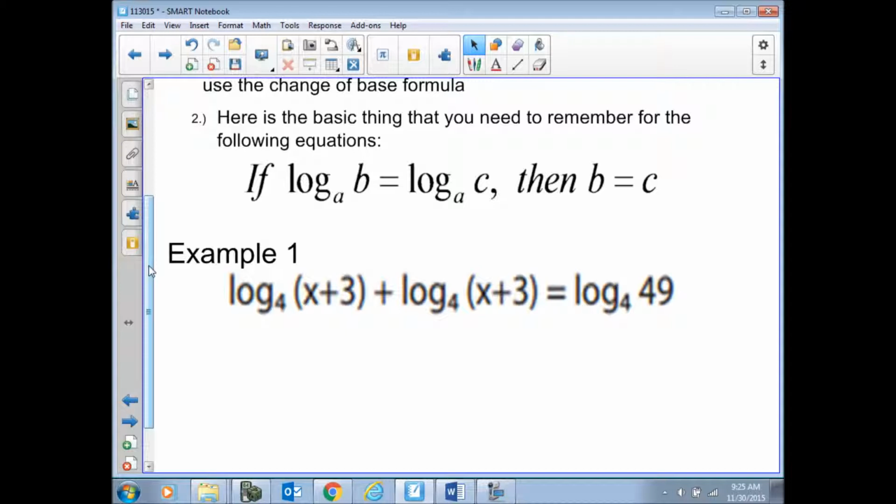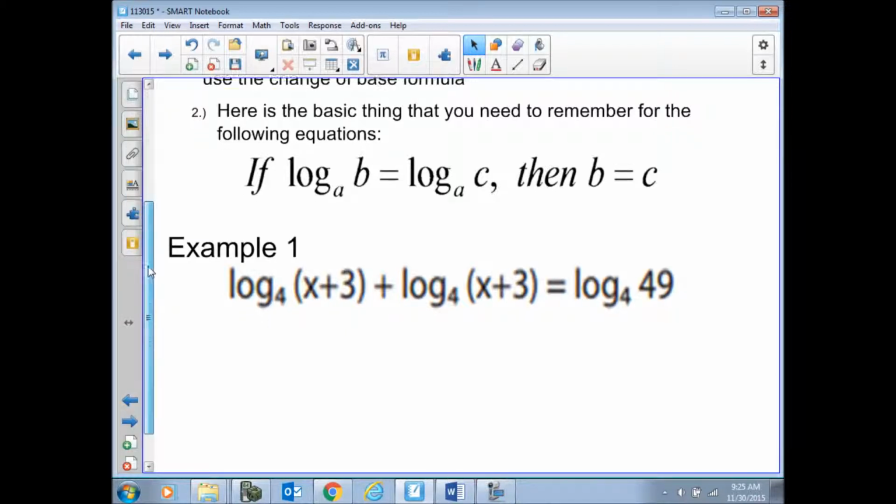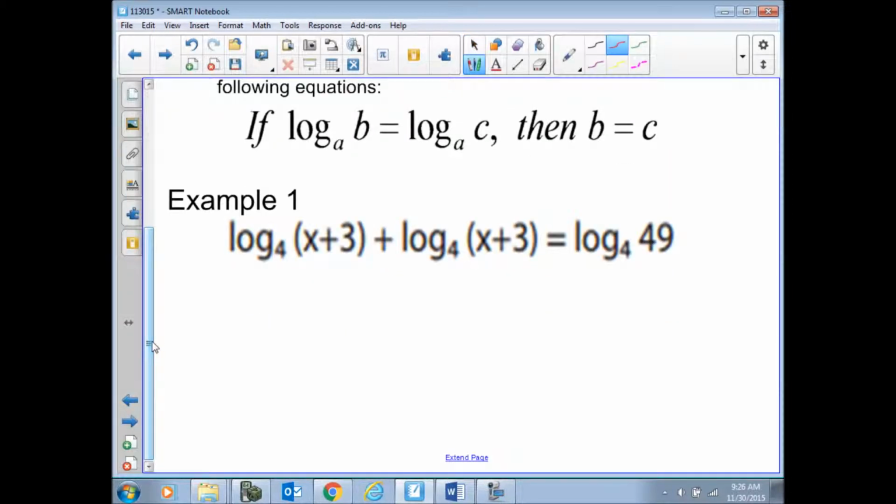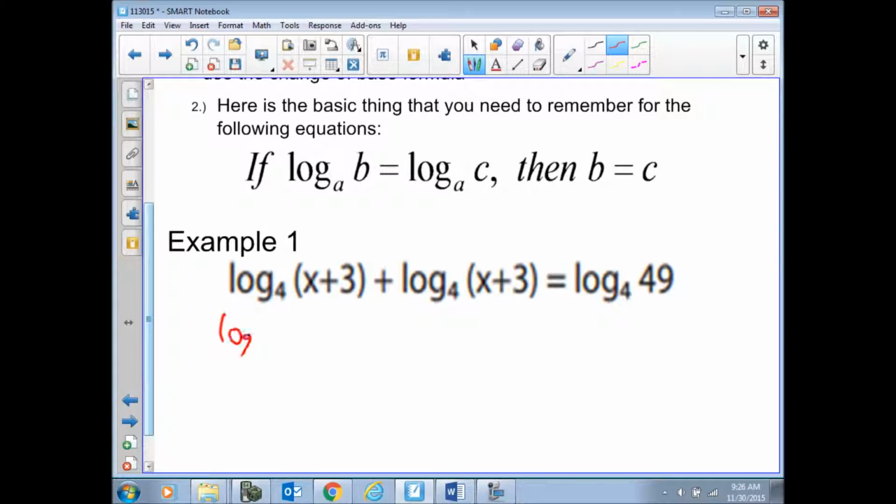Okay, that's right. We can condense this on the left-hand side. You have log base 4 of something plus log base 4 of something, so we can condense that. Since it's addition, it's going to be log base 4 of x plus 3 times x plus 3, right? So now we have log base 4 of x plus 3 times x plus 3 equals log base 4 of 49.